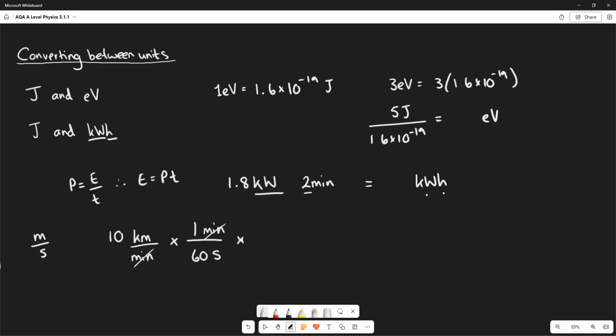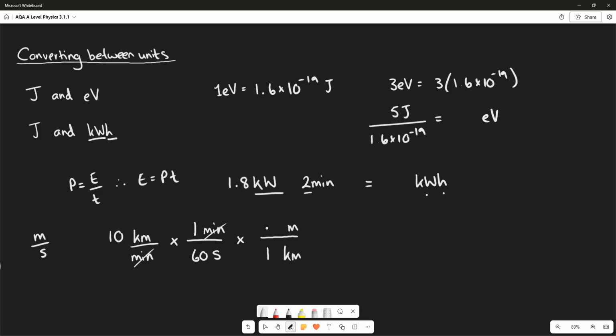I would then want to deal with the kilometers and get that to meters. So I want to get rid of the kilometers. In order for that to cancel, I'd have to have it on the bottom over here. Here we go. And I want to introduce meters. So I now need to make the fraction equal on the top and the bottom.